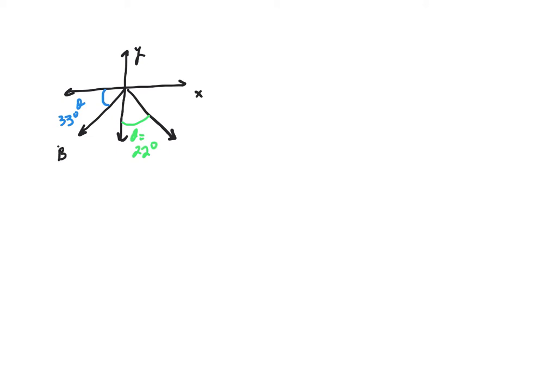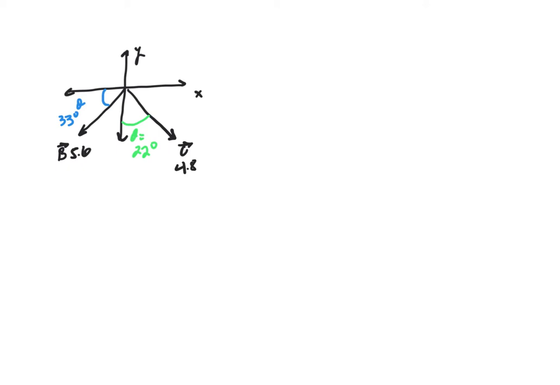This is vector b. The magnitude for b is 5.6, and this is c, and the magnitude of c is 4.8.